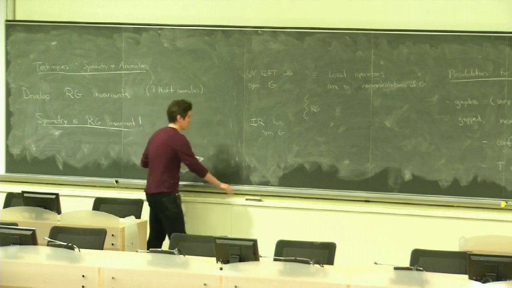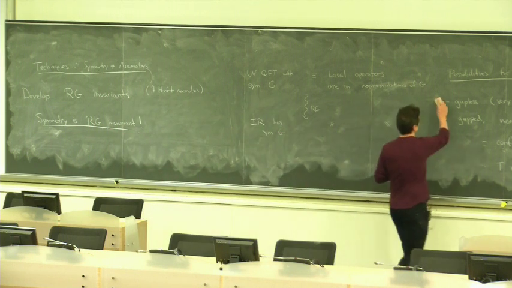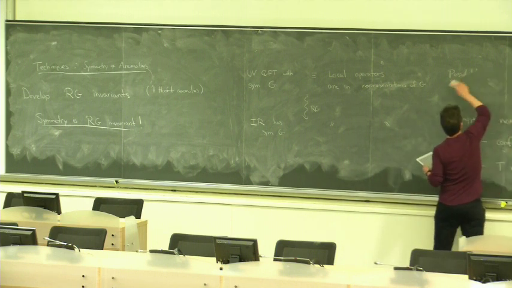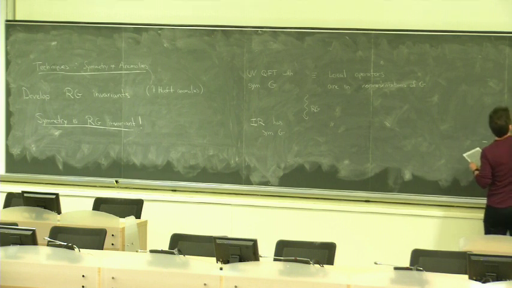So symmetry, defined in this way, is our first notion of a renormalization group invariant. If we have it in the ultraviolet, we must find it at long distances. This is useful, but sometimes not so powerful, because at long distances, the symmetry could act trivially.